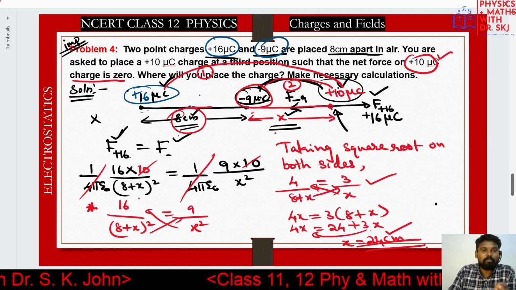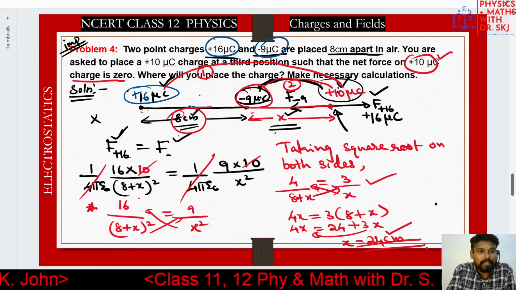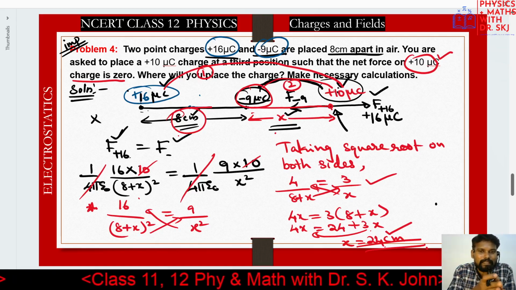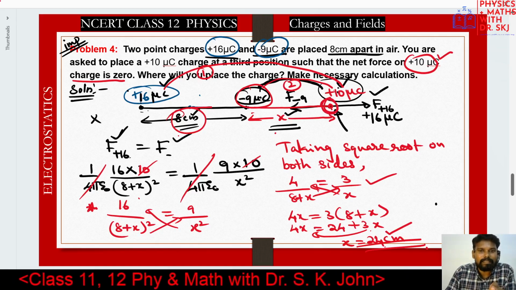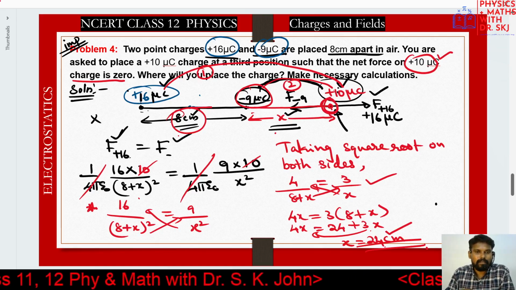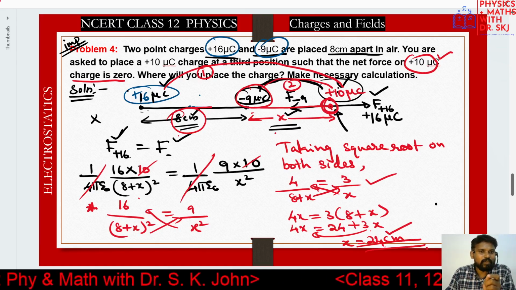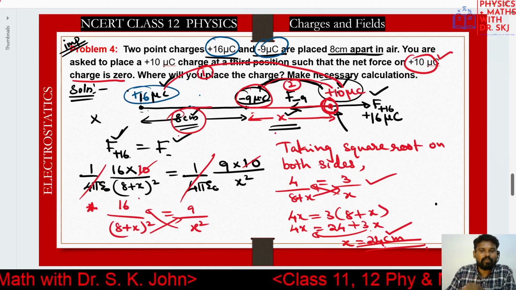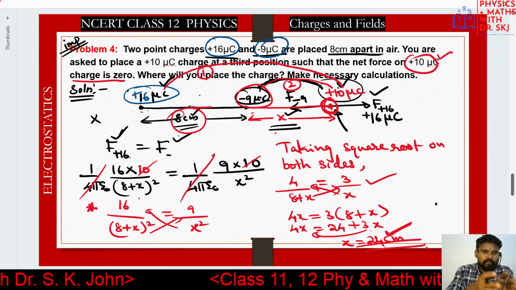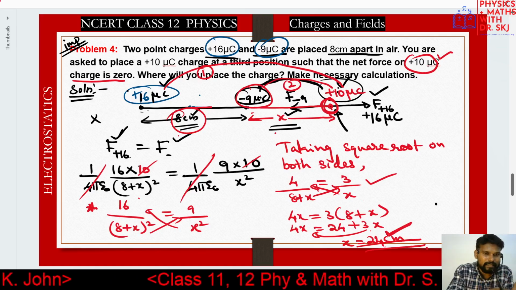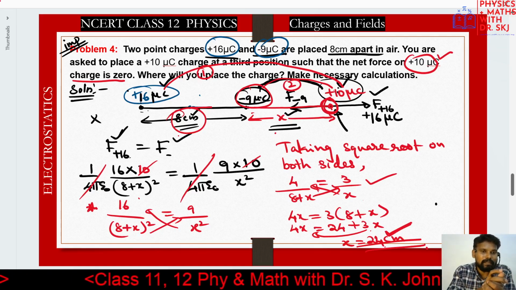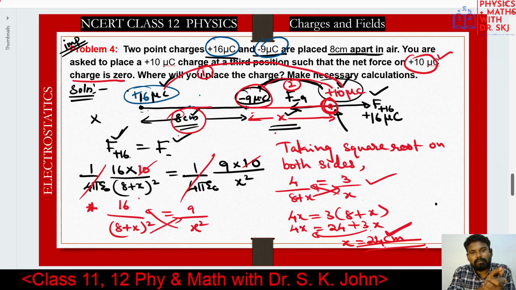It is 24 plus 8, which is 32. So the plus 10 microcoulomb charge should be placed on the line joining the charges at a distance of 24 centimeter from the minus 10 microcoulomb charge, and at a distance of 32 centimeter from the plus 16 microcoulomb charge.